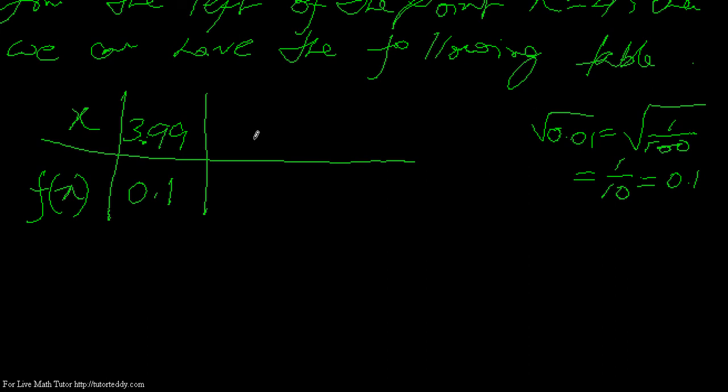Next, if I take x equals 3.9999, we will find, by putting the values in a similar way, f(x) is coming as 0.01.